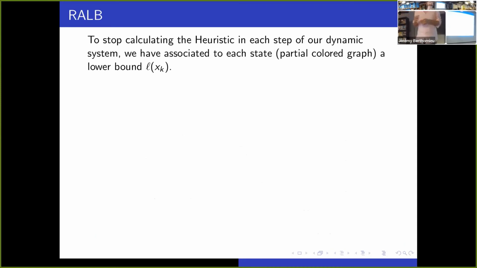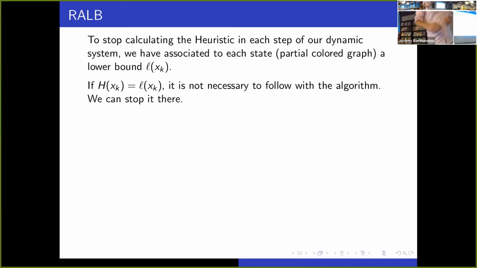To avoid calculating the heuristic in each step, which can be very costly, we have associated to each state, to each partial colored graph, a lower bound L of x_k. x_k, remember, is a partial colored graph. If the heuristic in x_k is equal to the lower bound in x_k, it is not necessary to continue with the algorithm, and we can stop there.